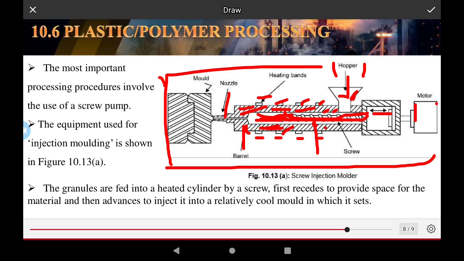This is the nozzle, which supplies the liquid material with force into the mold cavity. This is the mold of the product, consisting of two dies, the left-hand side die and the right-hand side die.